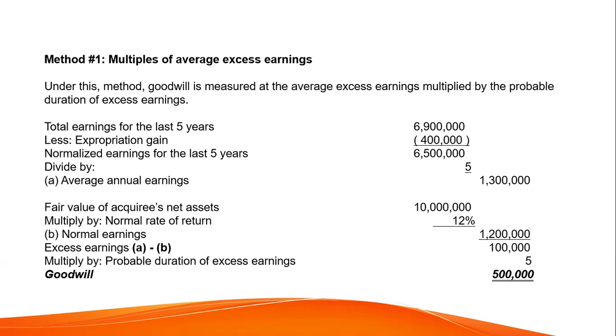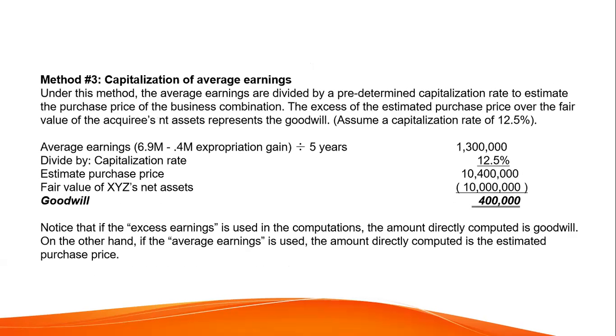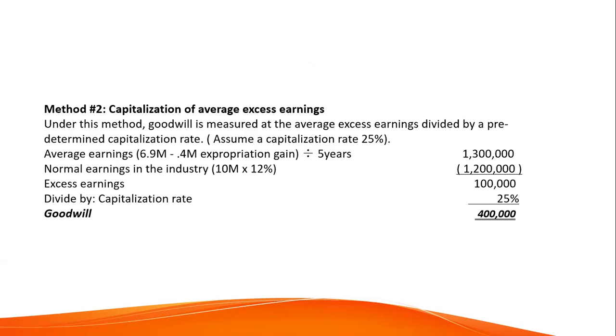That's per year. And so if you multiply this by the probable duration of excess earnings, that's equal to 5 years. We have the goodwill applicable of 500,000. Okay, so we now use goodwill here as computed based on the multiples of average excess earnings.